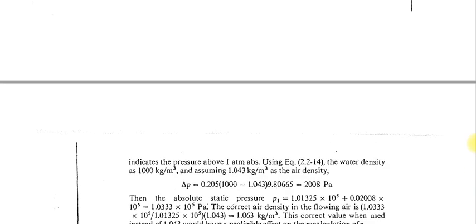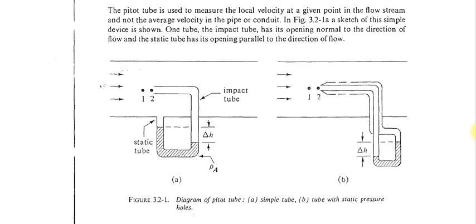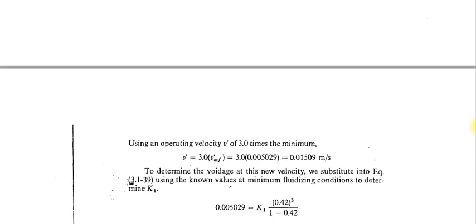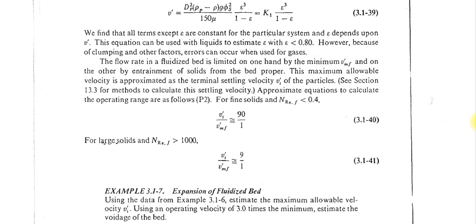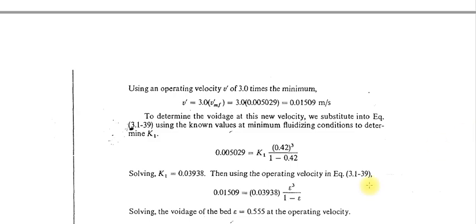So questions related to these two topics will only come in the quiz related to the experiments. Okay, so in the theory part we will only ask up to fluidization. Your theory portion will be covered in today's class. In the next few classes I will only cover the lab experiments which remain in the course.